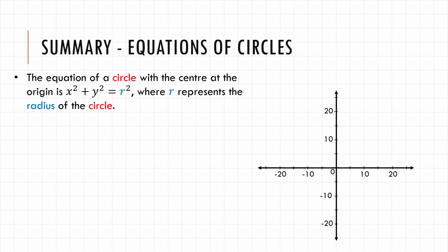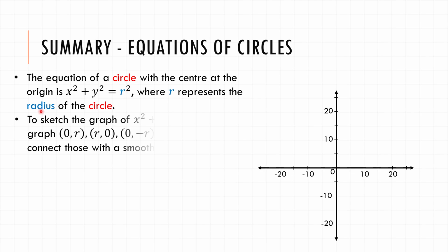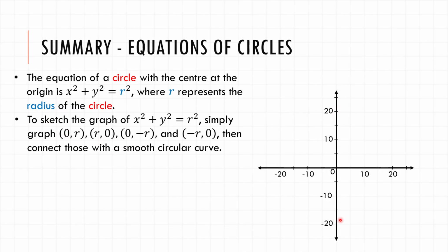So in this investigation, we saw that the equation of a circle with the center at the origin is x squared plus y squared equals r squared, where r is the radius of that circle. If you want to sketch that graph out, it's actually really, really easy. All you have to do, one thing that I would recommend at least, is to plot the endpoints on the axes.